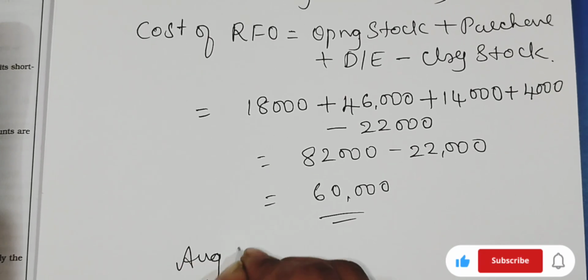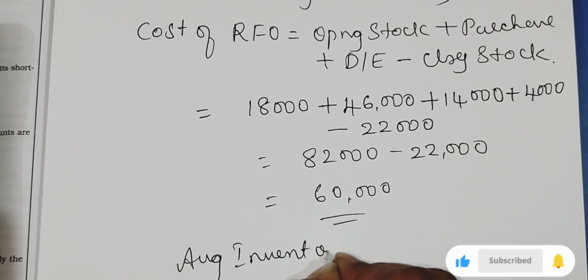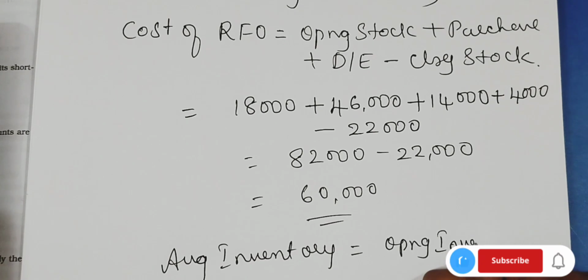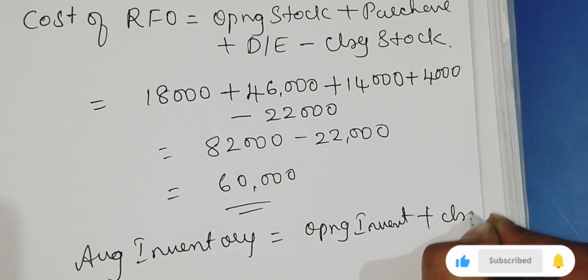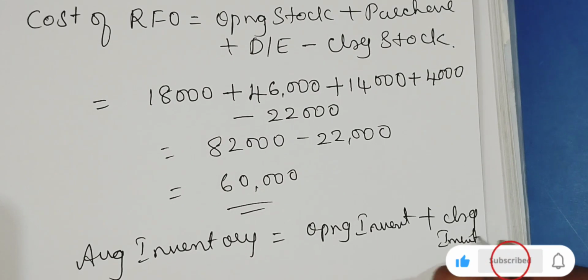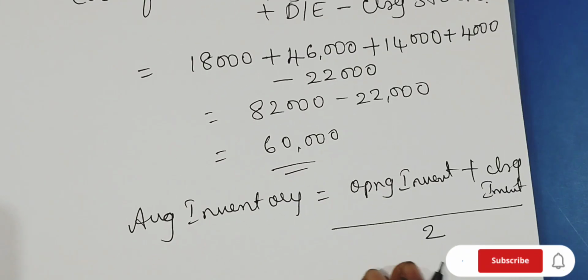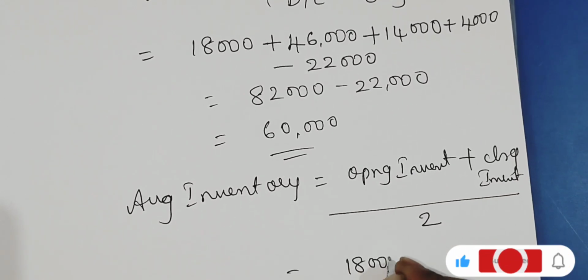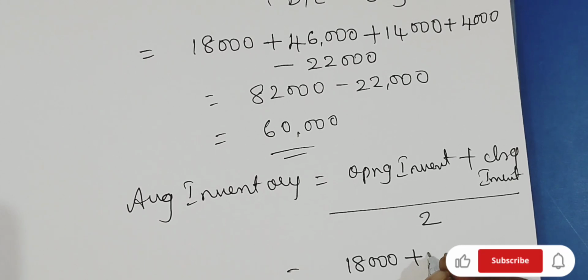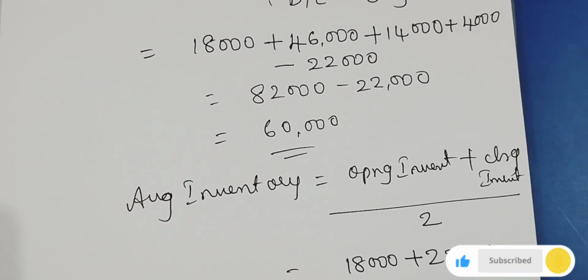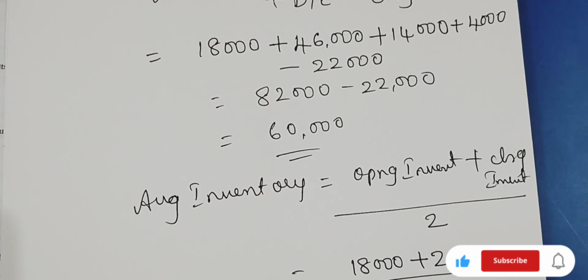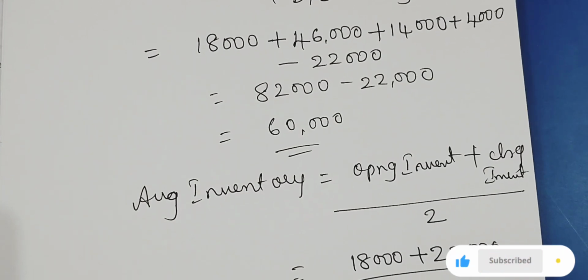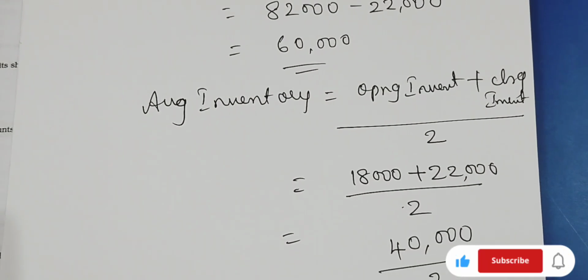Now average inventory. Average inventory is opening inventory plus closing inventory divided by 2. Average we are taking. So opening inventory is 18,000 plus closing inventory is 22,000 divided by 2. 18 plus 22 is 40,000 divided by 2.